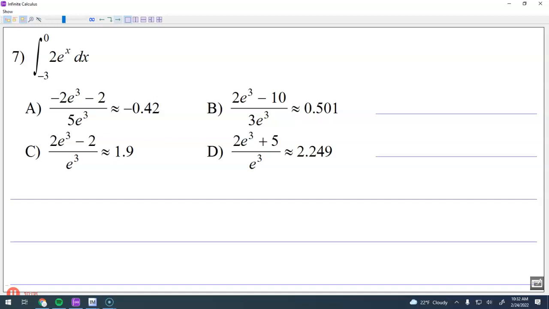What's true about the graph of e to the x? It always goes up, and it's always above the axis, isn't it? So isn't the area always going to be positive since you're above the axis? Or is D the only positive number? I don't think it's D. I got C. I think it's C, but I didn't do it yet, so I'm not sure.